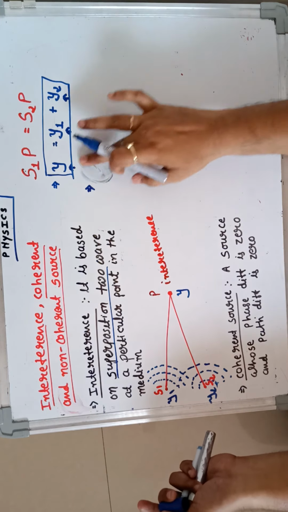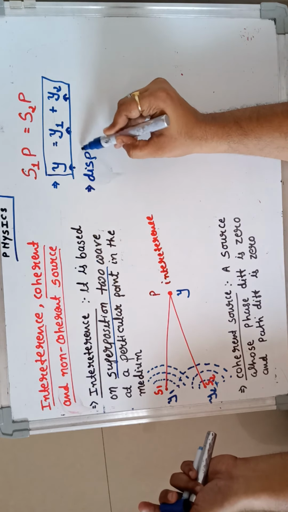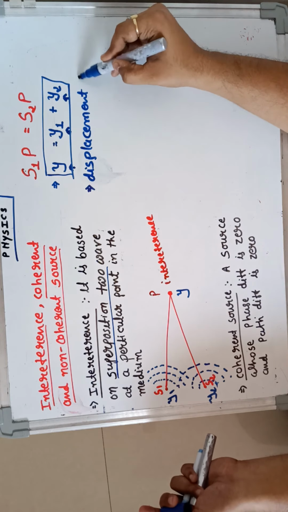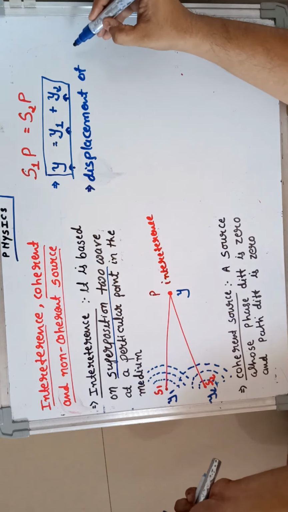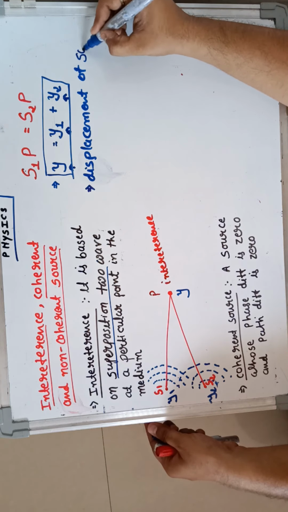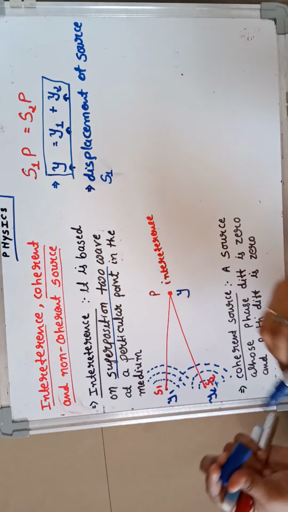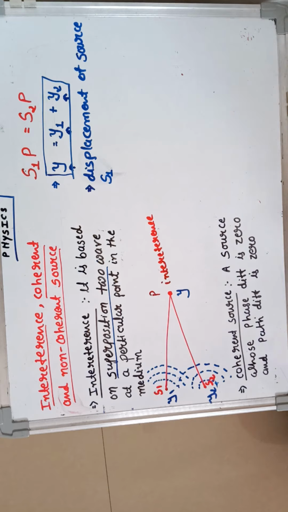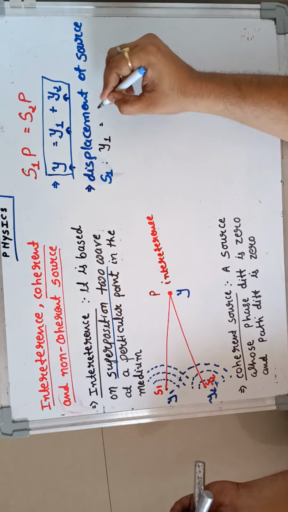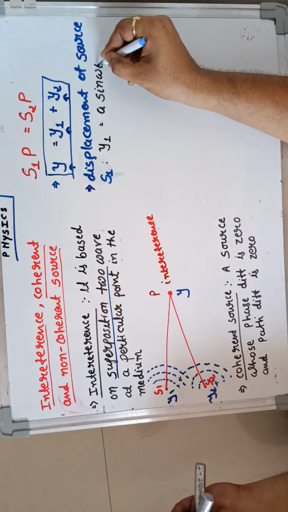The displacement of source S1 is y1 is equal to a sine omega t.